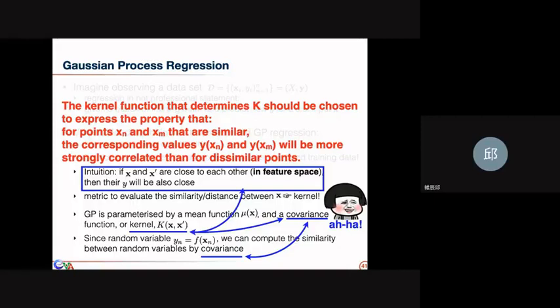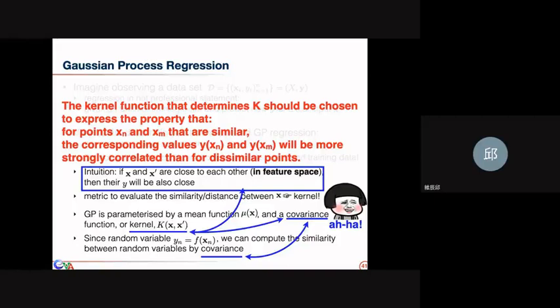Basically, for the points xn and xm, if they are similar, then their corresponding values y(xn) and y(xm) should be more strongly correlated than for dissimilar points under your choice of the kernel function.